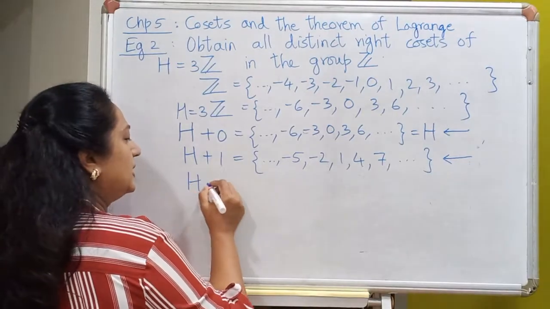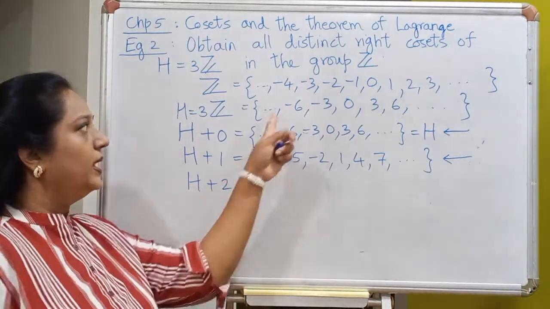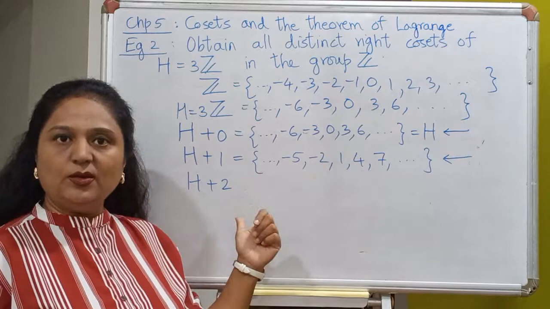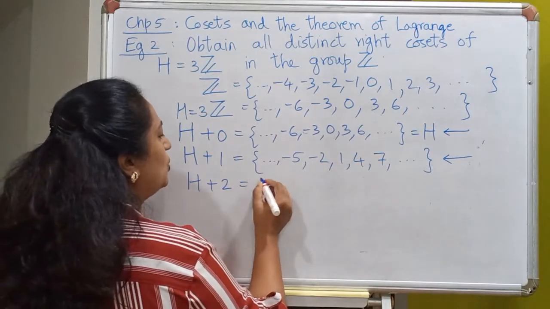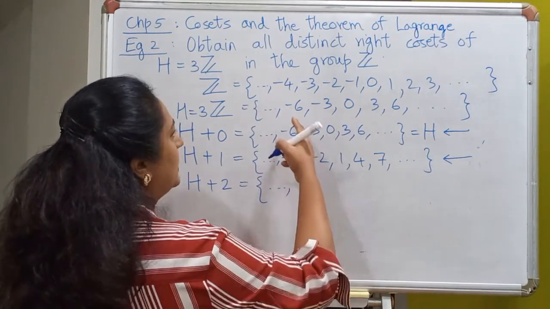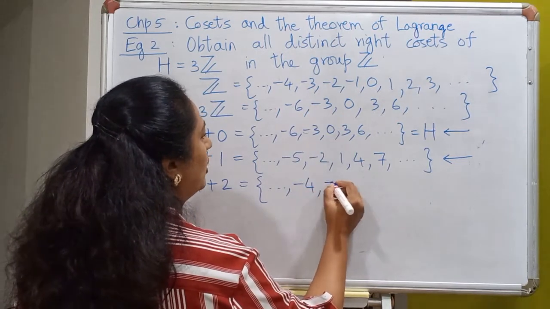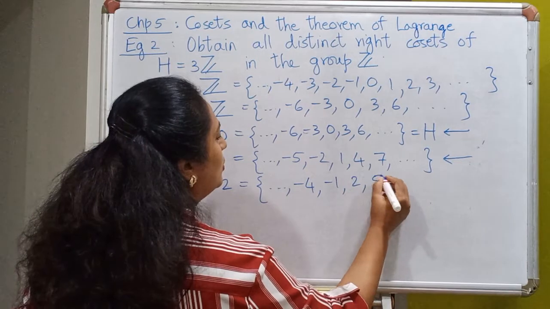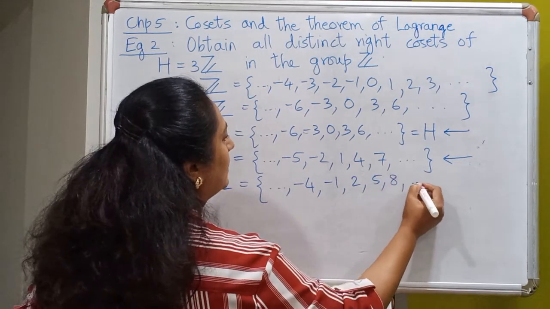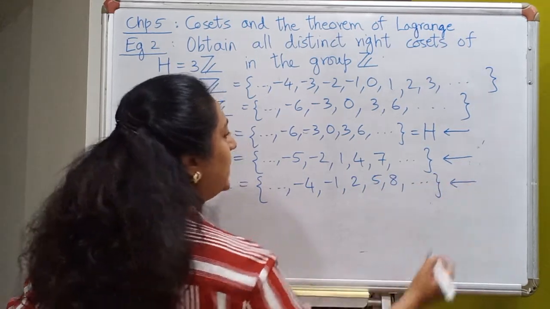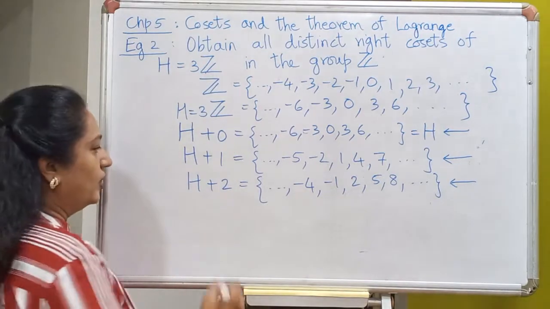Next, let us add 2 to every element in this set and see what I get. H plus 2 is equal to, let's add 2 to every element here. So minus 4, minus 1, 2, 5, 8 and so on. This is yet another right coset that I have got.